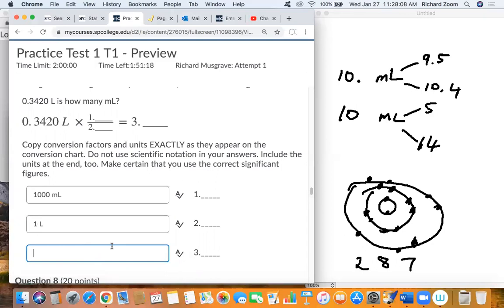We multiply it by 1,000, and we'll get 3, 4, 2, and we do need 0.0 here because the number of sig figs in 0.3420 is 4. The 0 counts here at the end, but it doesn't count at the beginning. So the 0 here at the end does matter for significant figures, which is why it's 342.0 as our answer.